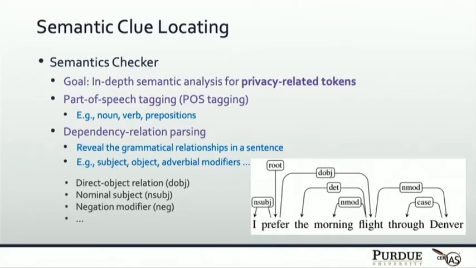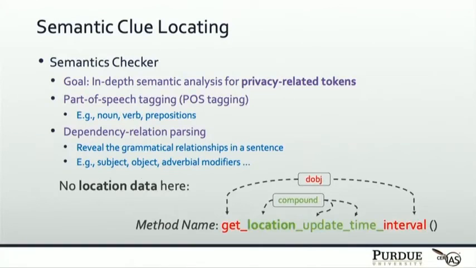And also, we use typed dependency parsing to check if the privacy-related keyword shares a specific relation with other words. Typed dependency parsing provides a simple description of the grammatical relationships in the sentence, in a more structured format to analyze those sentences. Consider the following example.